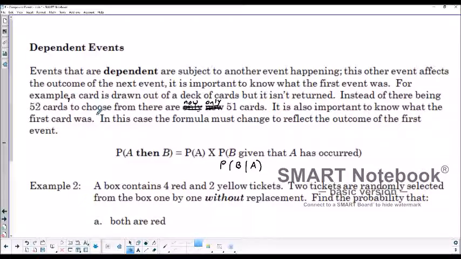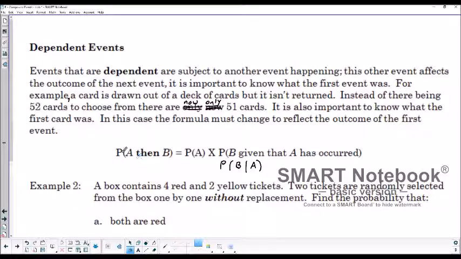If we draw a card out of a deck of cards but do not return it, instead of there being 52 cards to choose from, as in the first case, now there are only 51 cards remaining. And we also have to know what that first card was.